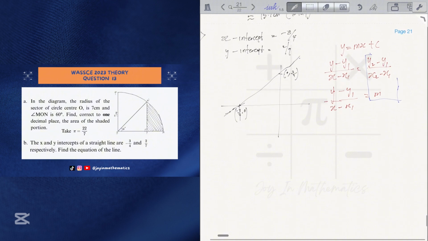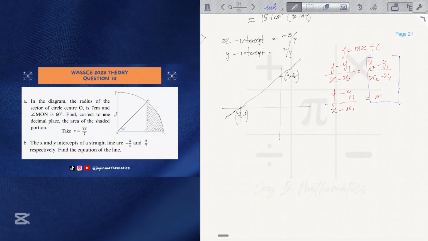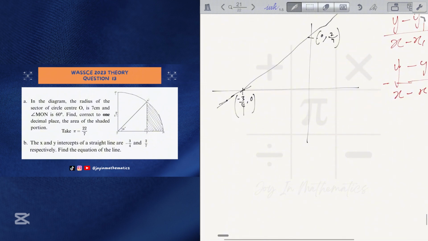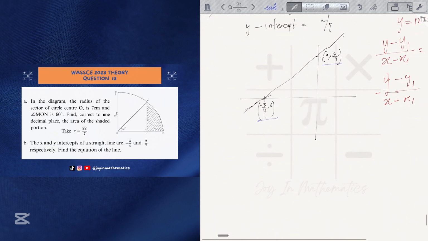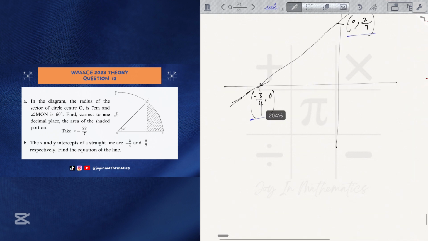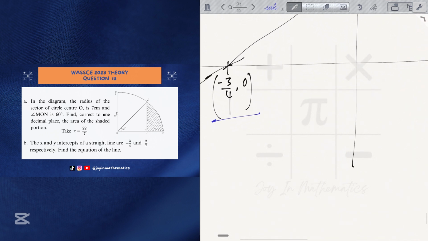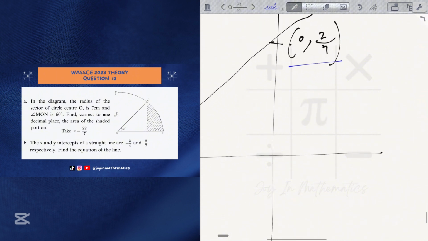Now, according to this, we have 2 points. We have -3/4, 0, and we also have 0, 2/7. So in view of this, the line is moving upwards. So this will be our x1, y1, and we will have here our x2, y2.